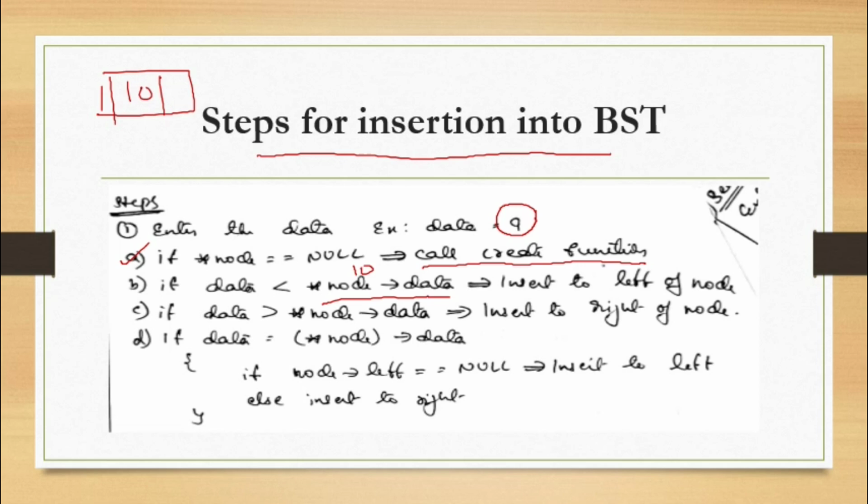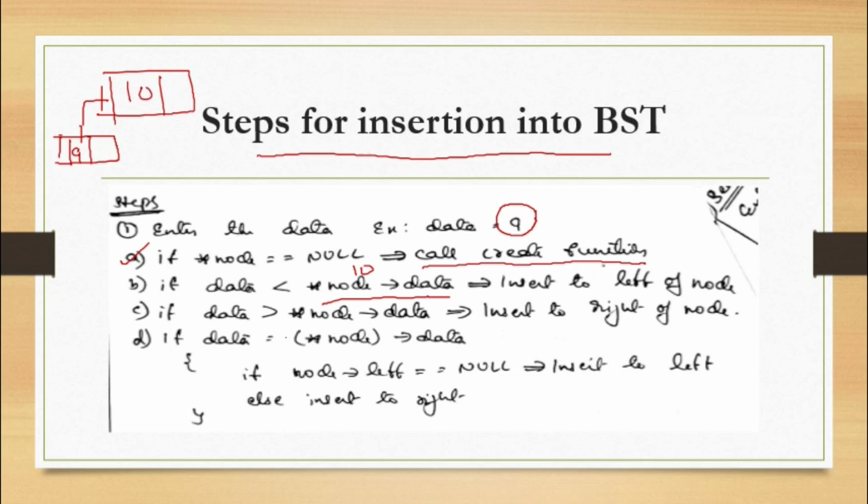So if the data is less than star node of data, then insert to its left. This particular node will be attached to its left. And if the data is greater than star node of data, say the data is 11, then insert to the right of the node.